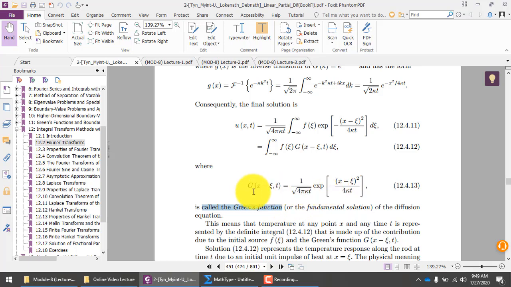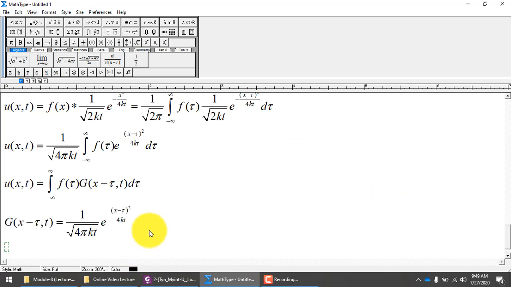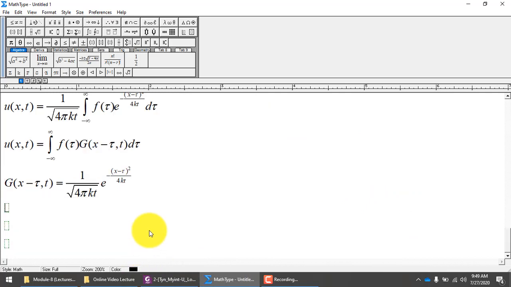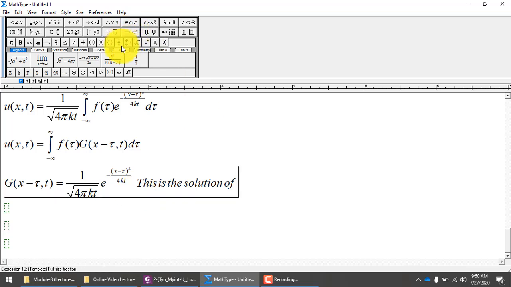This is also important because it is the solution of the diffusion equation. What do you mean by the diffusion equation? In one dimension form, what is the diffusion equation? This is the solution of the diffusion equation. What is the diffusion equation?